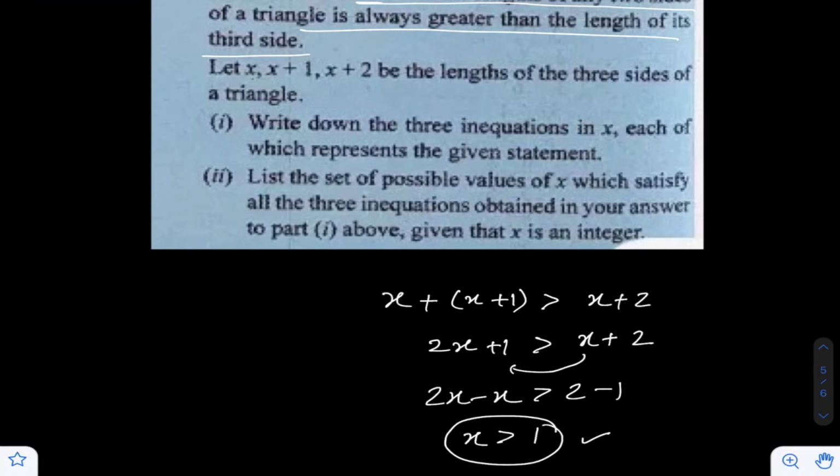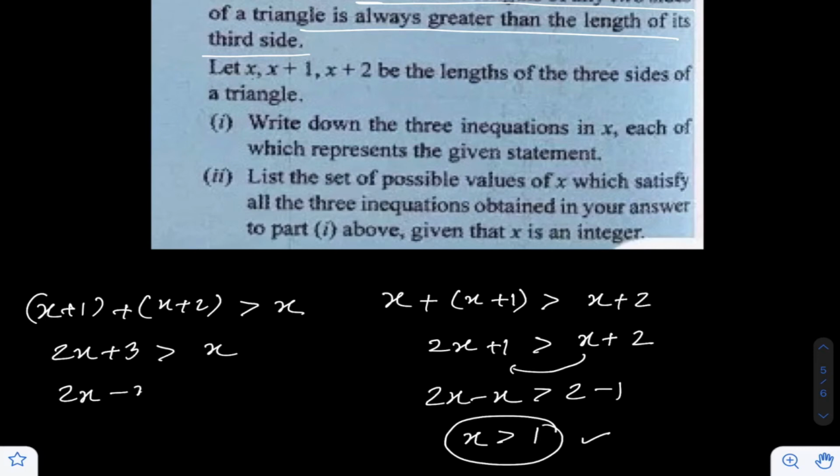Now you can select other two sides, x plus 1 and x plus 2, just add them and the sum of them will be more than x. So it will be 2x plus 3 is more than x, 2x minus x more than minus 3, and x is more than minus 3.